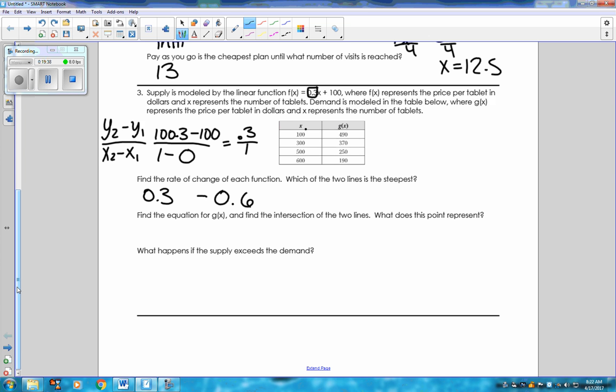When you're looking at the steepness, I have a graph, the steepness is asking how steep is the line. Like, if I have these 3 lines graphed, this line right here would be the steepest.